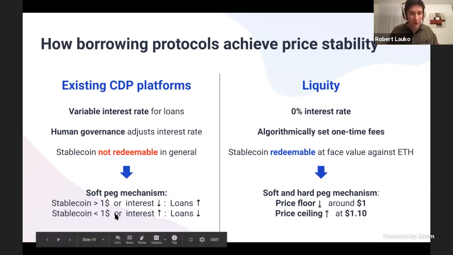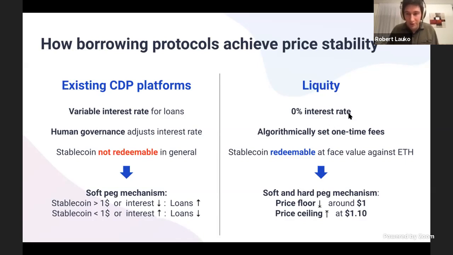And the other way, the opposite is true. If it's below $1, it makes sense for you to repay maybe even a bit earlier than you would have if it was exactly $1.